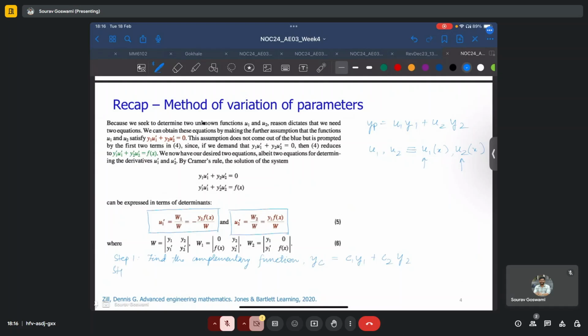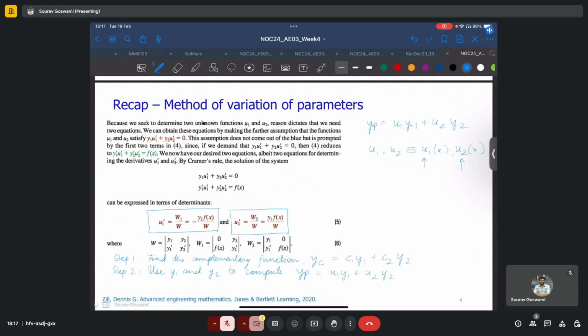In the second step, using y1 and y2 from the complementary solution, we compute the particular solution, which will have the standard form u1 y1 + u2 y2.